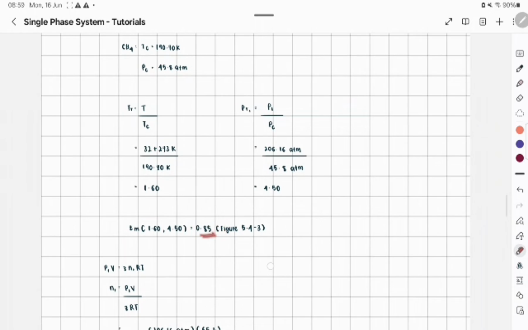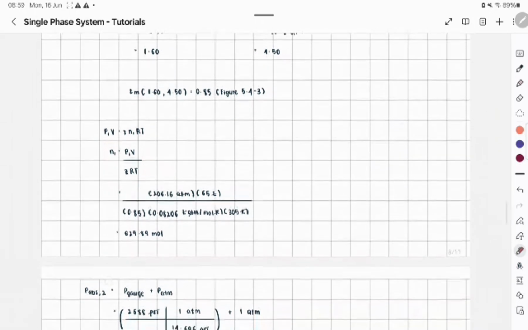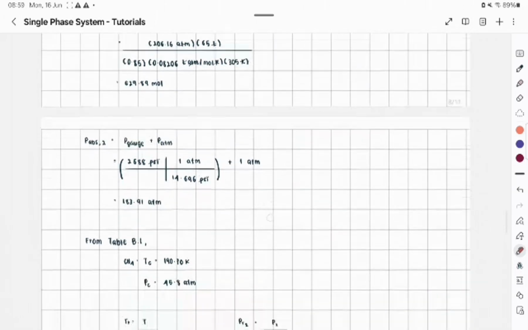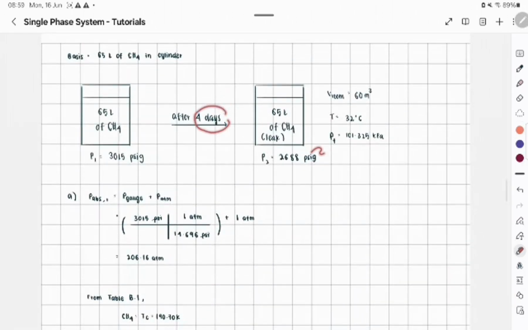Since we already have the Z value, we can calculate the mole value. By substituting the pressure value, volume value, Z, R and T, we will get 629.89 mole. After 96 hours, which is 4 days, the pressure decreased to 2688 psig and the temperature still remains constant, which is 32 degrees Celsius.